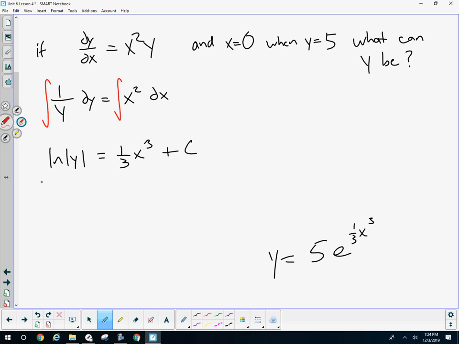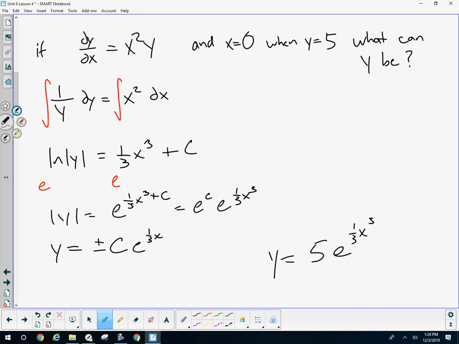I'll get rid of the log by taking e to the power of both sides. I can rewrite things so that the c is no longer in the power of e. And then I can give a plus or minus to get rid of the absolute value.